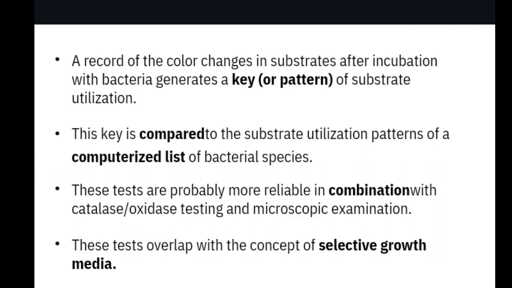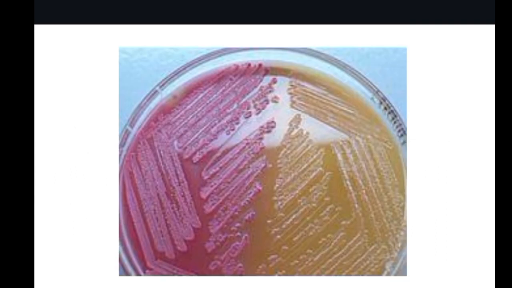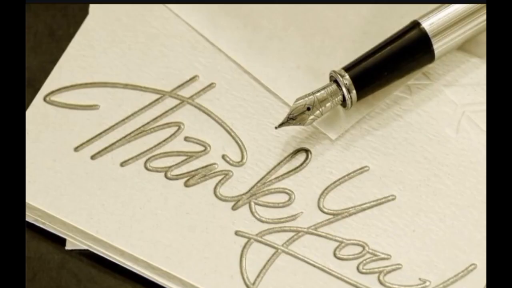These tests overlap with the concept of selective growth media. A wide range of selective media exist for the isolation and identification of bacterial and fungal species. Here is MacConkey agar. You can see on the left lactose fermenting pink colonies, while the right one is non-lactose fermenting.